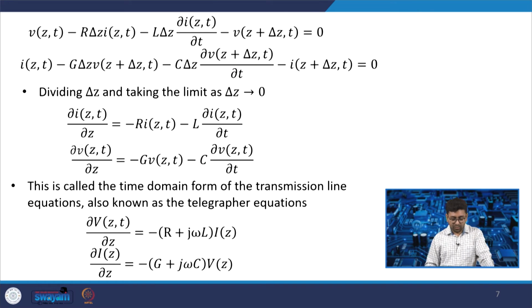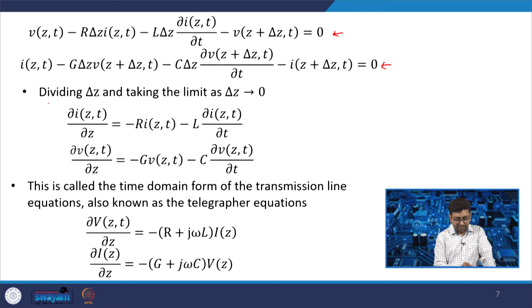If you use KCL and KVL, you can use KVL in the same circuit, which is V(z,t) minus R delta Z I(z,t), minus L delta Z del I(z,t) by del t, minus V(z plus delta Z, t) equal to 0. Same thing you can use for the capacitor.